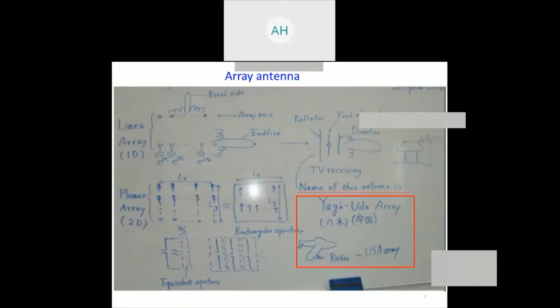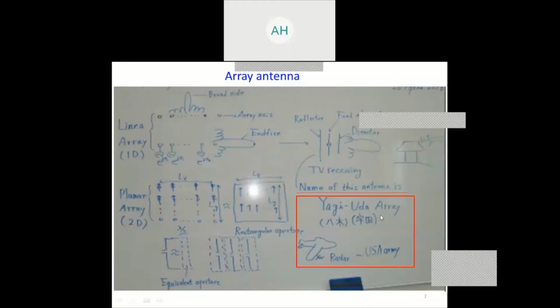However, in Japan, this antenna was not so interesting. In the United States, however, this array became very famous, and they used this antenna for radar, airborne radar systems, or the atomic bomb.